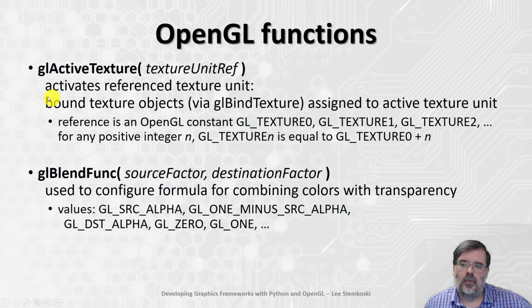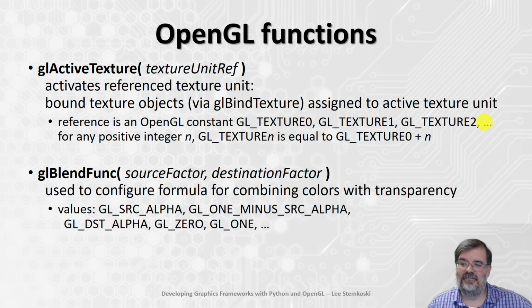What that means is when a texture unit is activated, any texture object that has been previously bound by the OpenGL function glBindTexture will be assigned to the texture unit. Now, these references are all OpenGL constants. And there's GL_TEXTURE0, GL_TEXTURE1, GL_TEXTURE2, and there's as many of these constants as is supported by your system.